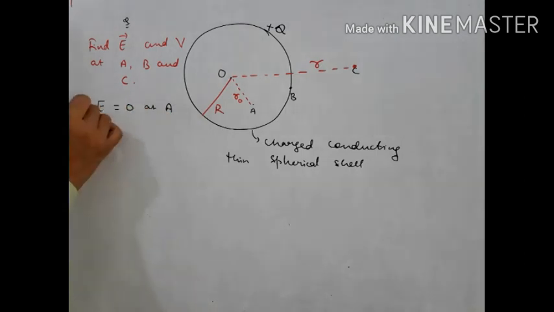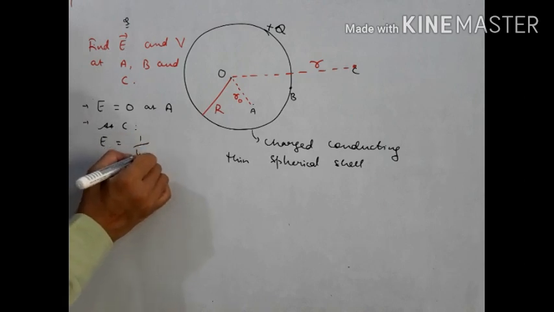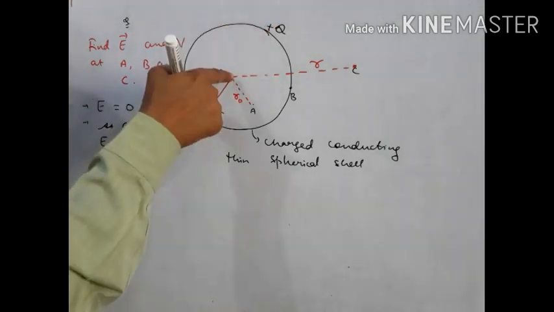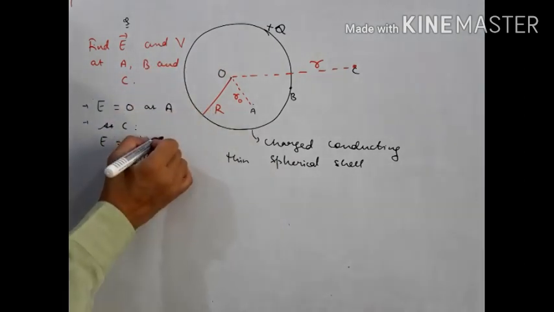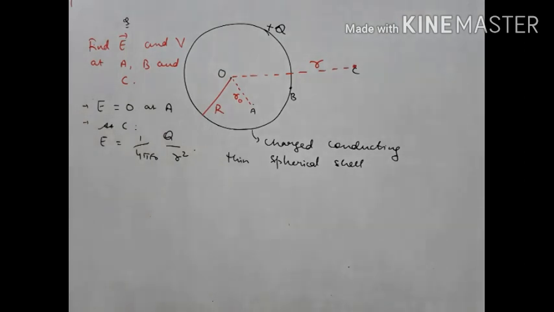So at A, this is the answer. At C, the electric field will be how much? 1 by 4 pi epsilon naught, the charge will be assumed to be present at O, so Q upon that distance square, that is r square.